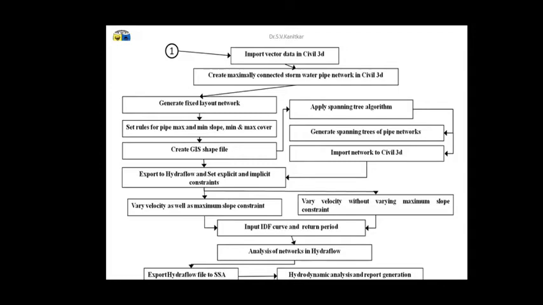So likewise, such different networks are generated, and then these different layouts you design for different constraints, including say varying velocity as well as slope as well as d by D. So a number of parameters related to design can be varied. Now once you do all those things, then what you have is the final output, that is the hydrodynamic analysis in HydraFlow, where you have results.